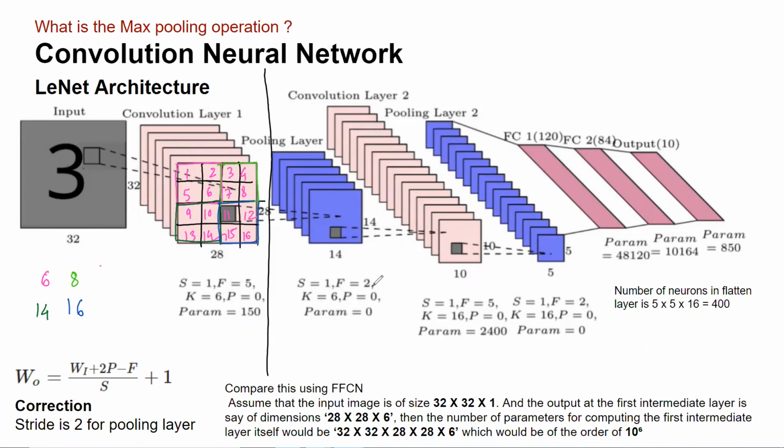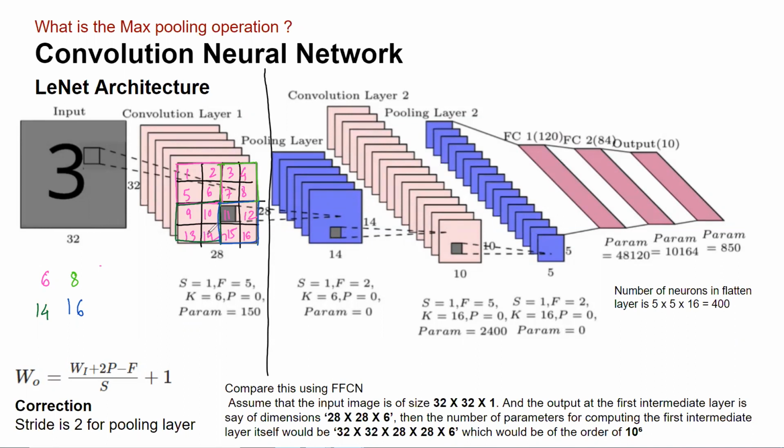Now again comes the convolution layer, right? So now the learning will happen. Now I have defined my kernel of size 5, and I'm using a total of 16 such kernels. The same thing will happen again.